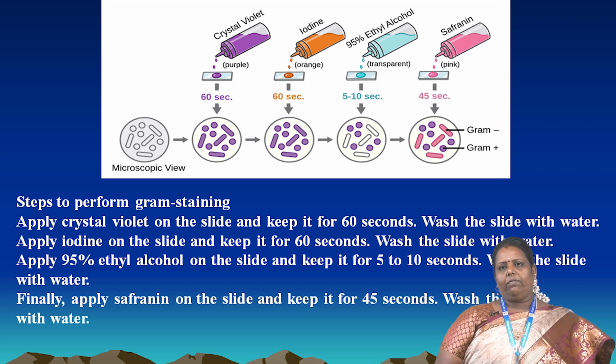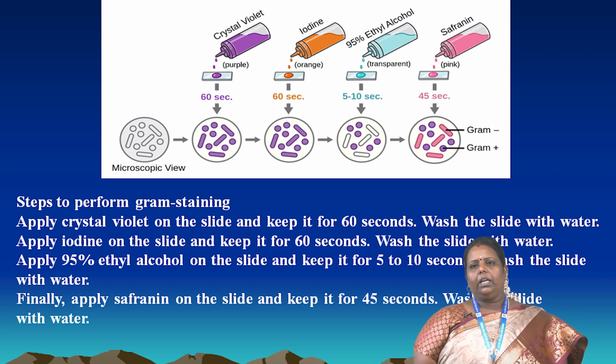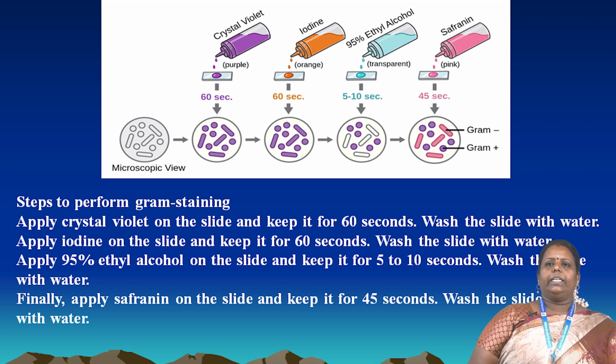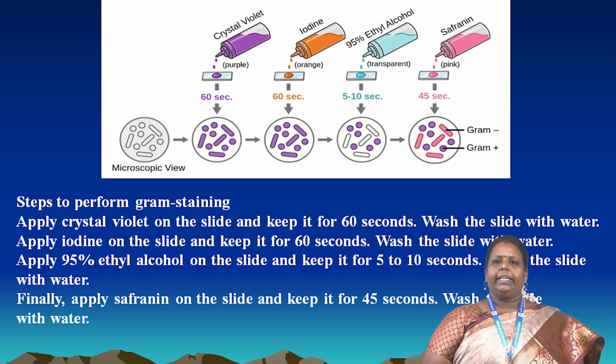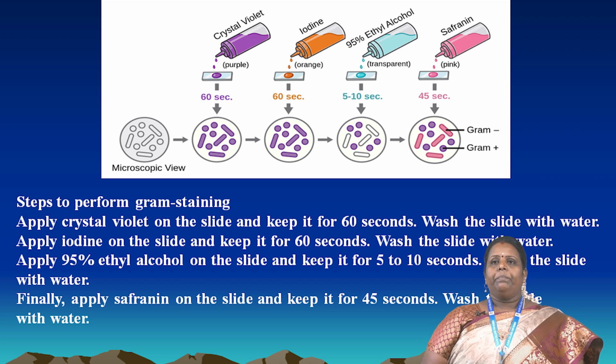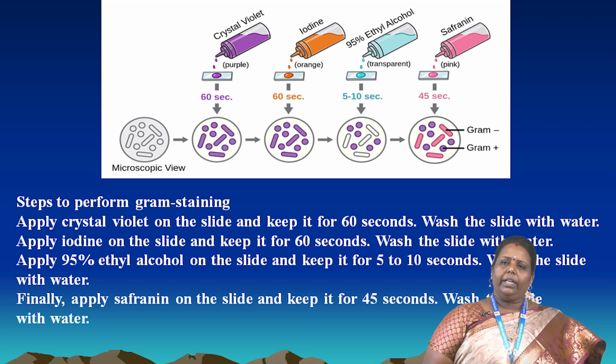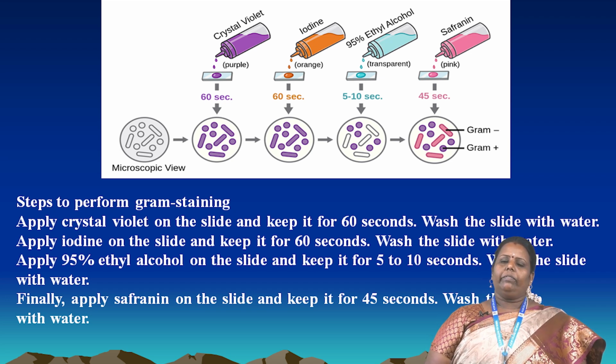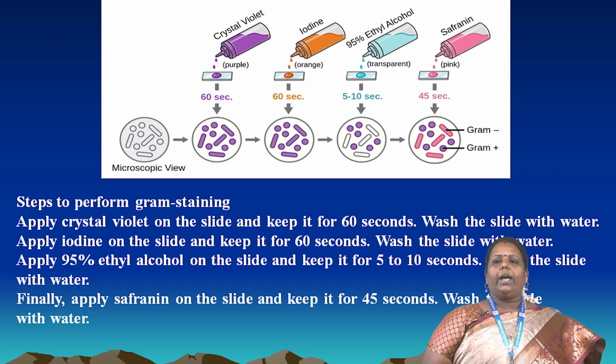First is crystal violet, a purple color, developed over 60 seconds, with which we identify gram-positive bacteria. Then we use iodine, an orange color, for 60 seconds, and we identify gram-positive bacteria also.